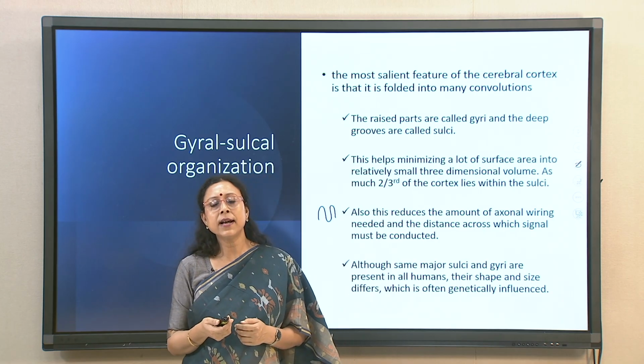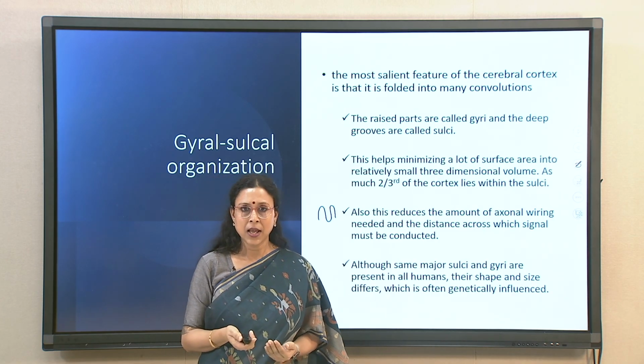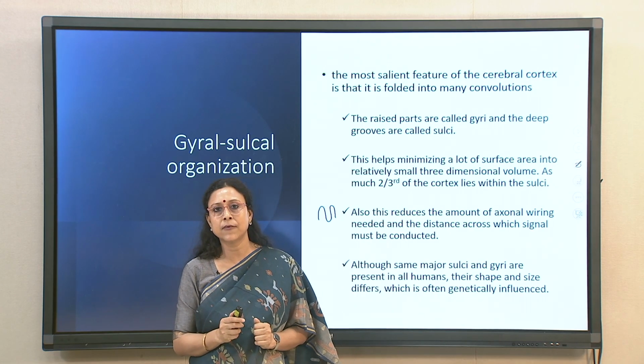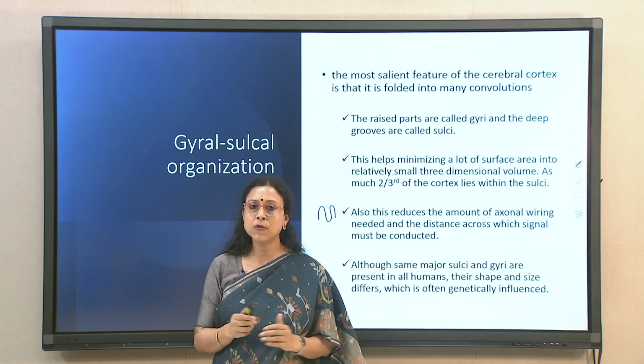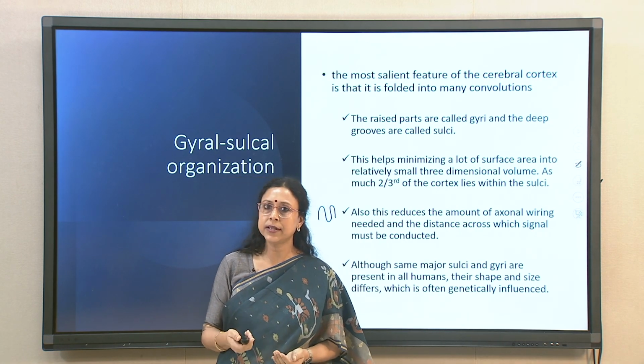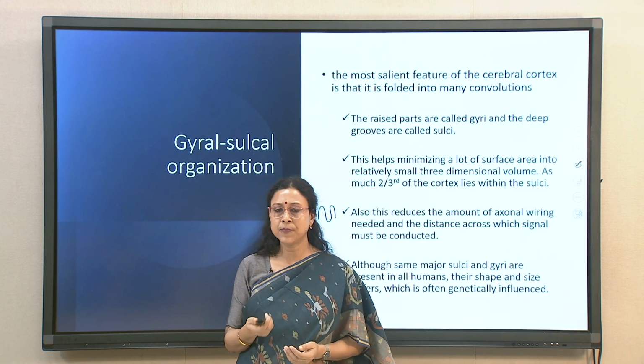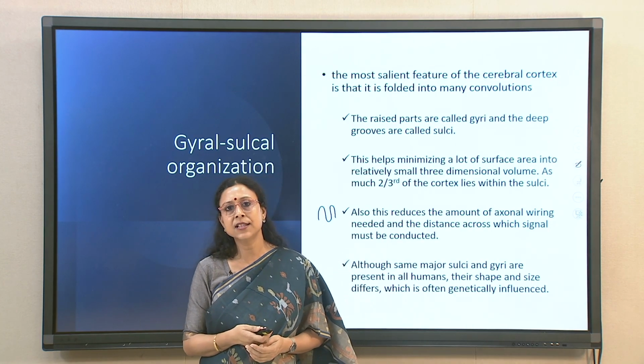The reason it is like this, the idea that has been put forward, is that it packs a lot of surface area into a very small three-dimensional volume, which, if you open it up, would be a large area. About 2/3 of the cortex lies within the sulci.